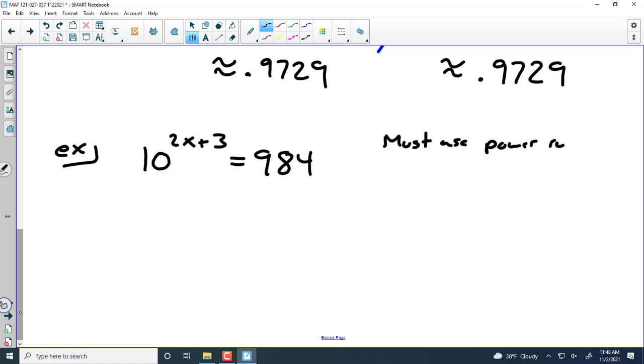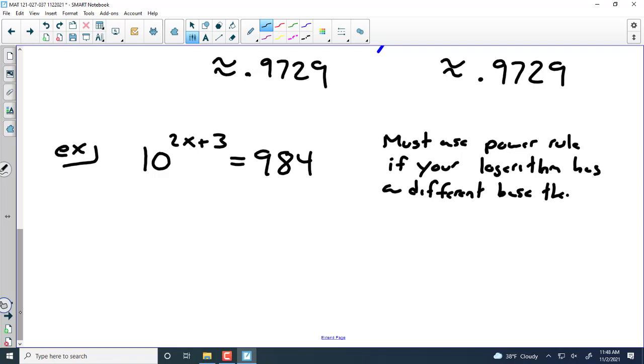You must use the power rule if your logarithm has a different base than your exponential.